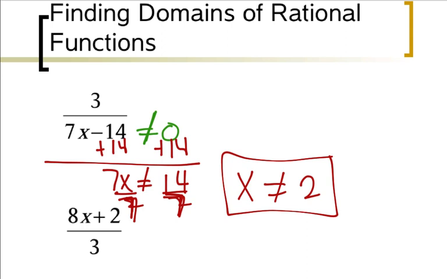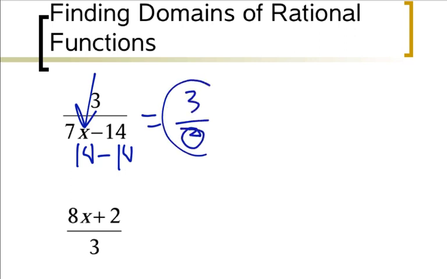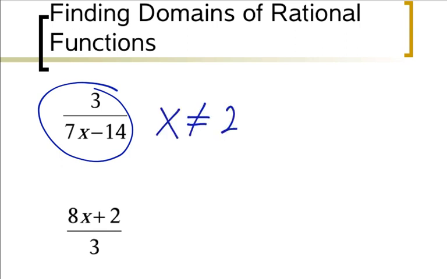In other words, if I put a 2 into the original equation, that would give me 7 times 2, which is 14, minus 14. The answer would give me 3 over 0. That's undefined, so that's no good. So for this equation, everything works except that x cannot be 2, because if it's 2, the denominator equals 0.